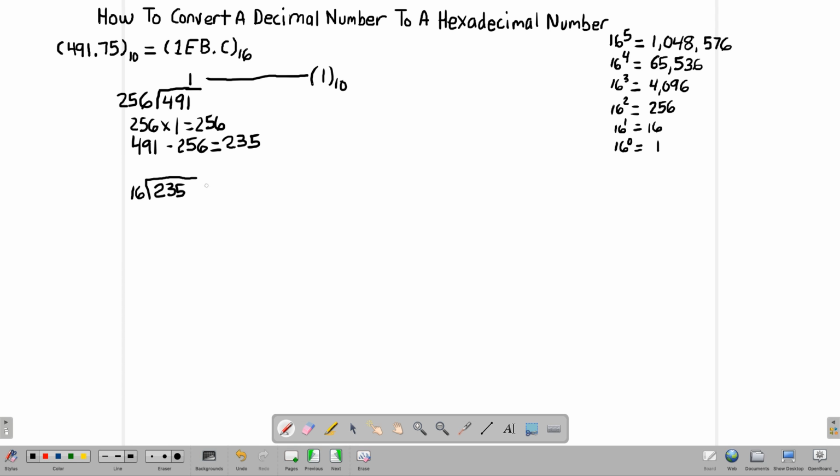So we have 14 here, and 16 times 14, we have the value 224. And so we take 235 and subtract 224, which produces the difference 11.